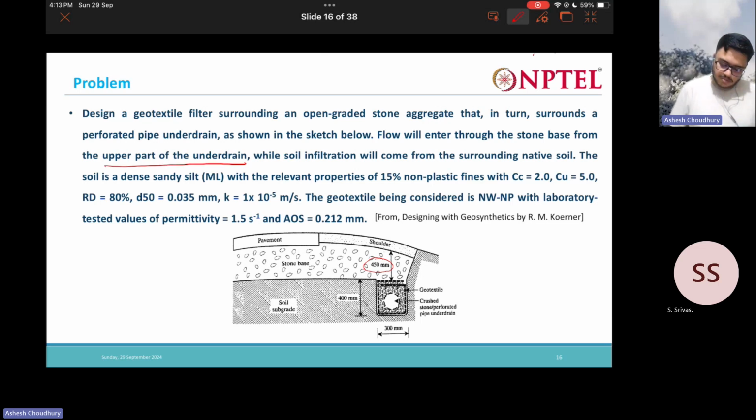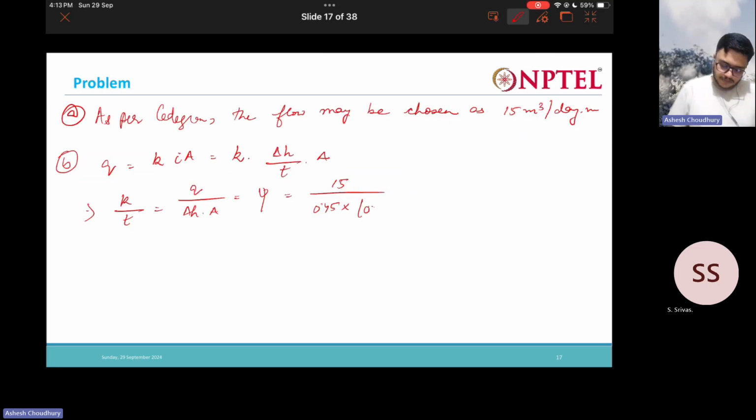So the water flow is from this upper part. This is 300 mm, right? So 0.3. If we do this, it will come out as second inverse. Pay proper attention to the units.